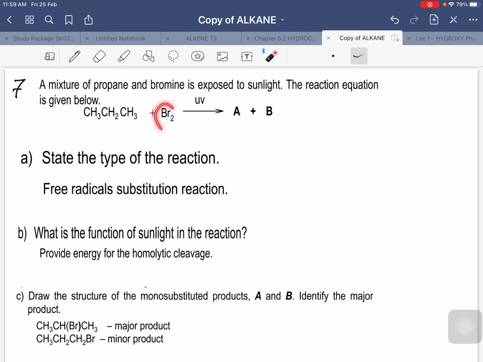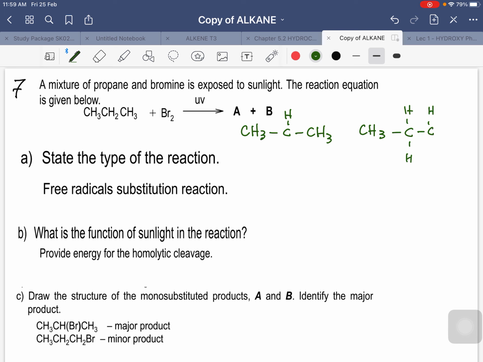Bromine can be substituted at the hydrogen on the first carbon, or at the hydrogen on the second carbon. Let's say this is hydrogen, and another one is like this.